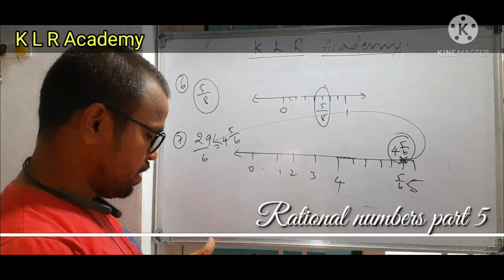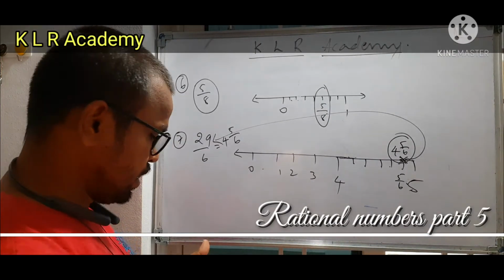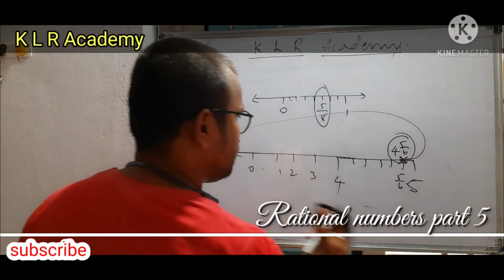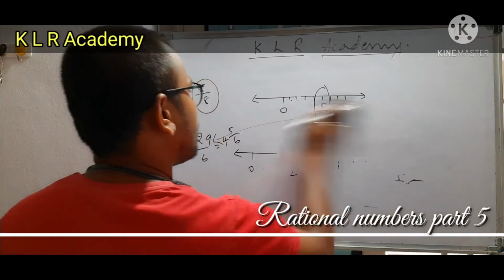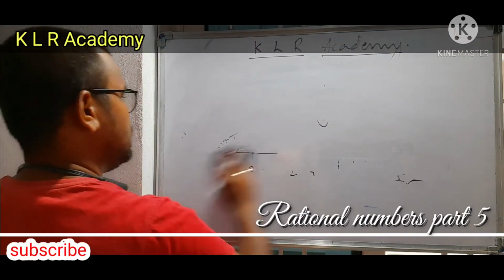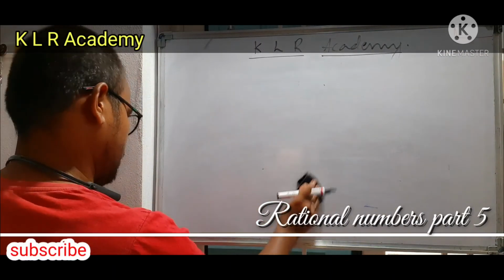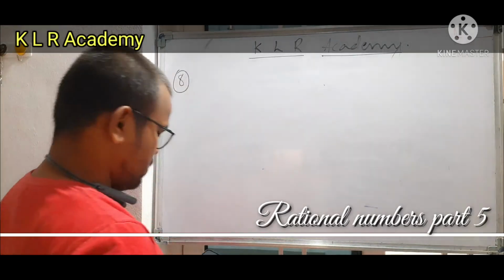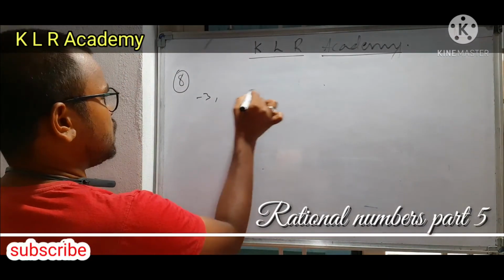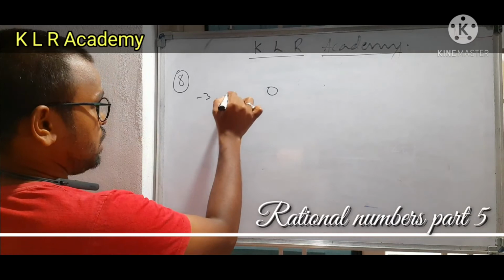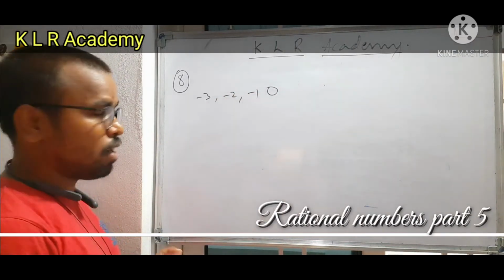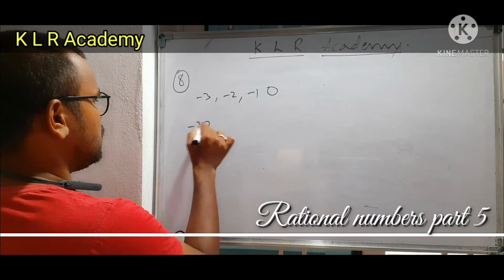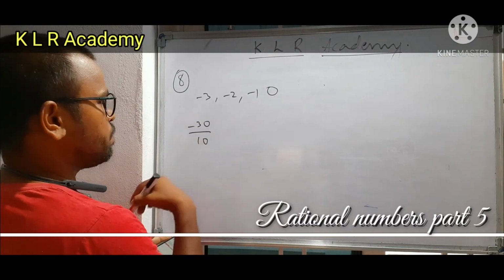Example 8. Write 5 rational numbers between -3 and 0. So -2, -1. Only 2 rational numbers are there. How can you find the remaining rational numbers? So write like this. -3 means -30 by 10.